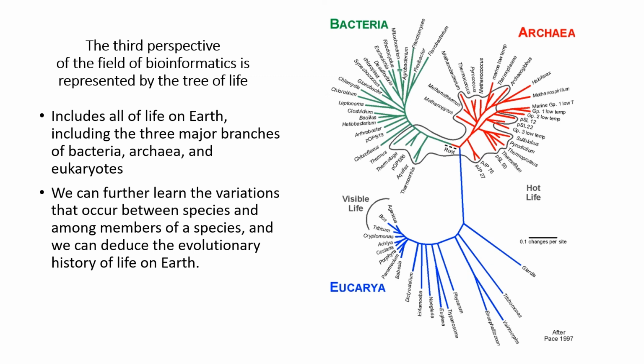So we can map the progression of the variants, and sometimes you can also know where this particular variant came from. So that's one practical use of this tree of life.